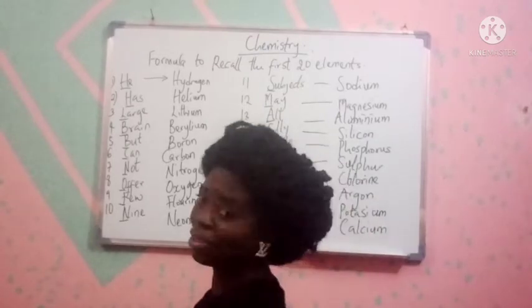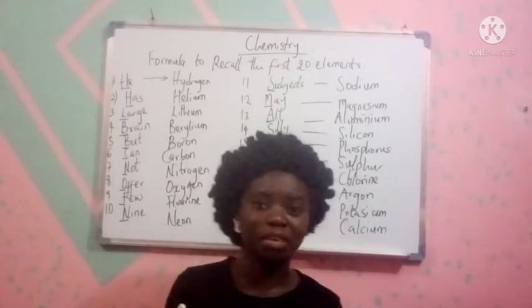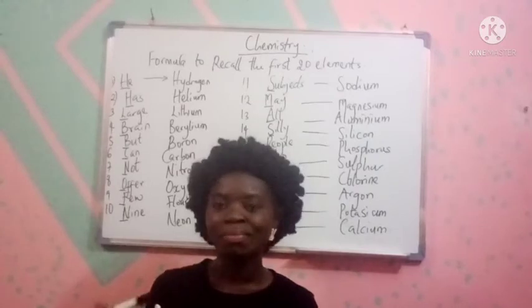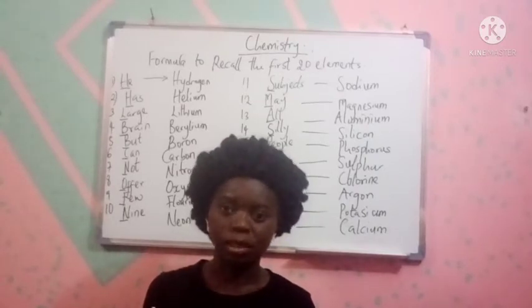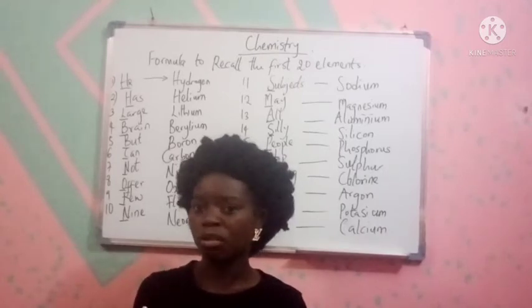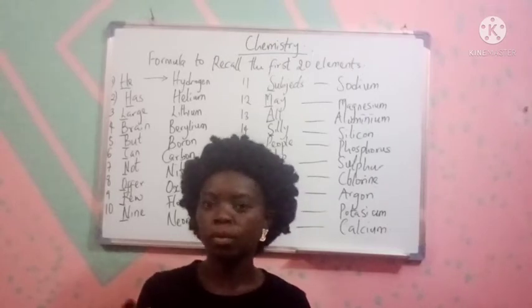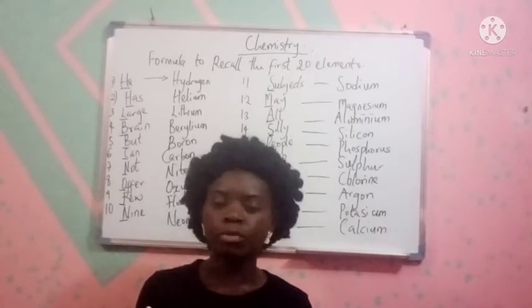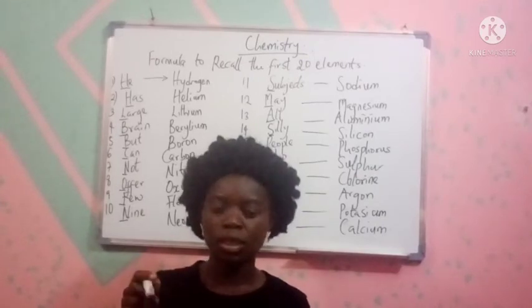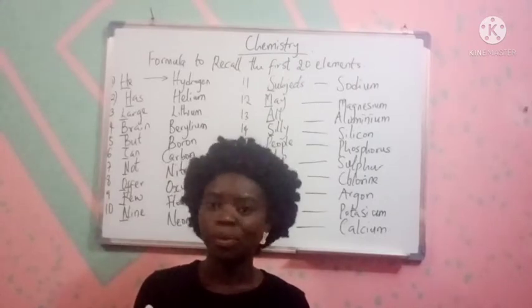So you see how easy it becomes to write out my first 20 elements without making any error, because my formula is guiding me. Whenever I say "he has large brain but cannot offer few 9 subjects, may all silly people stop calling a puppy cat", the first letter of every word in the sentence is capitalized.